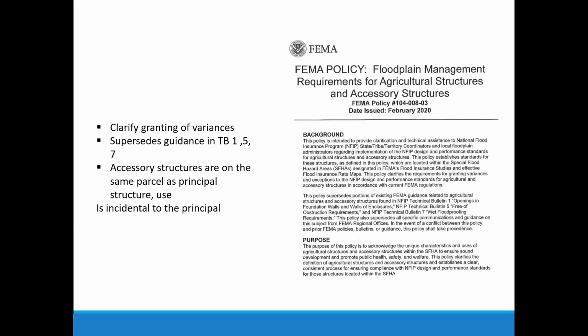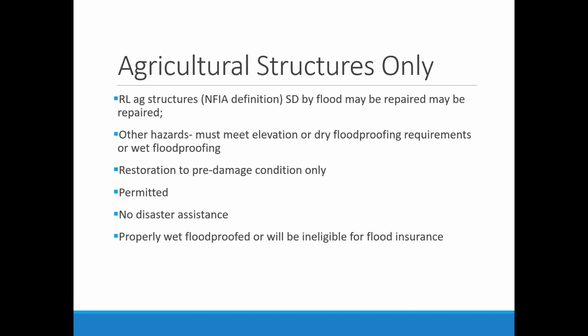And accessory structures, I should have mentioned, have to be on the same parcel of property as the principal structure and incidental to the use of that structure. And so I have had a property where there's an accessory structure in every sense of the word, except that it didn't have a principal structure, and so it wouldn't count as an accessory. So definitely something else to be aware of.